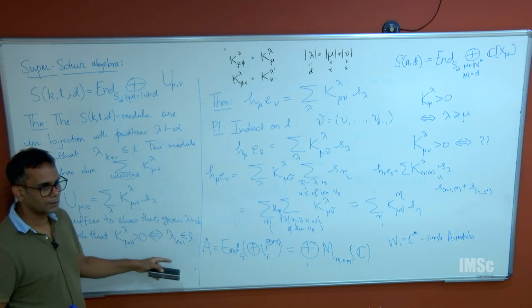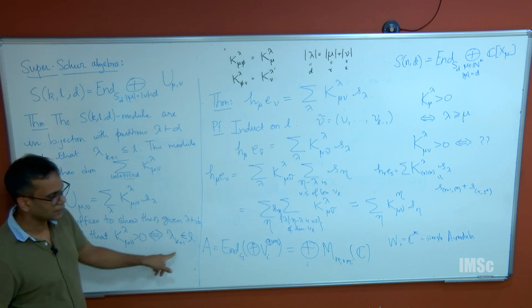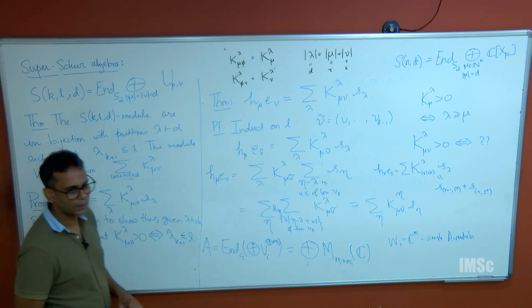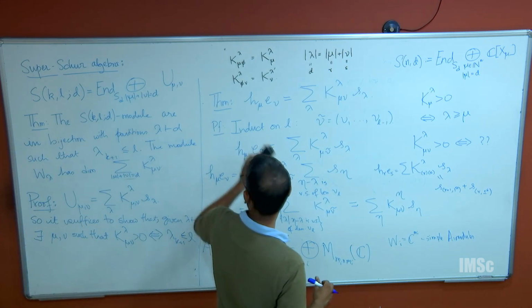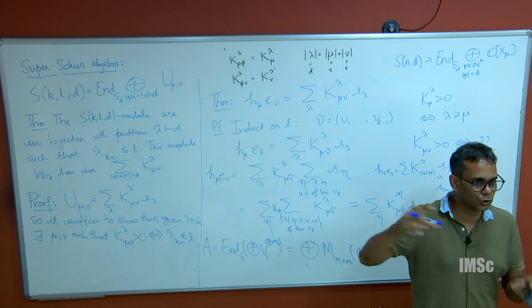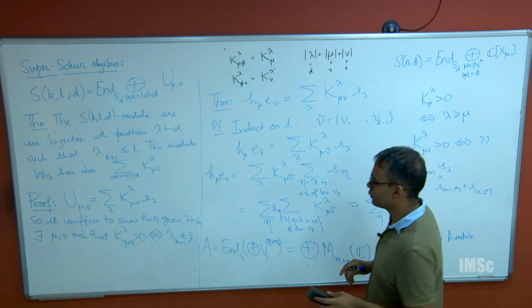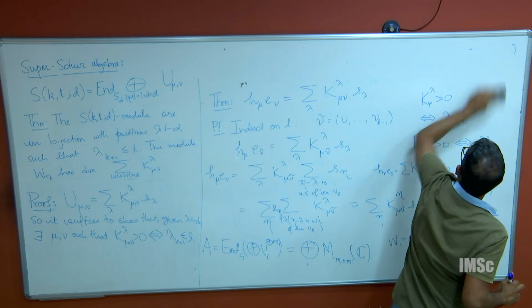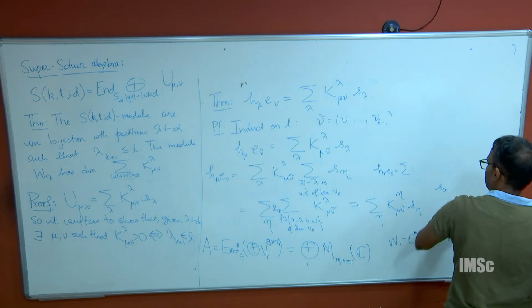Nishu talked about this last time. What is the meaning of this condition lambda k plus 1 is less than or equal to L? It just means that this lambda, its Young diagram, fits inside a hook shaped region. Let me draw that over here.